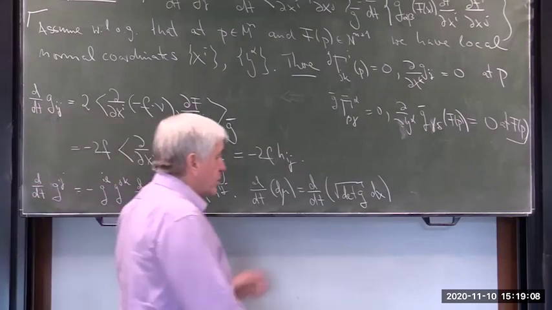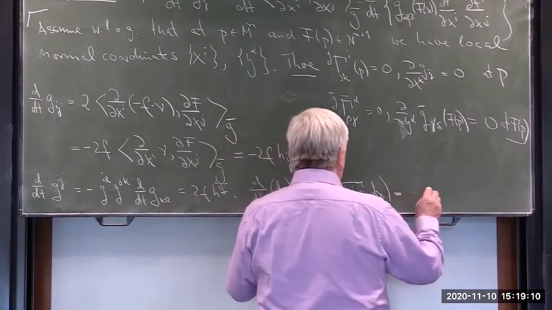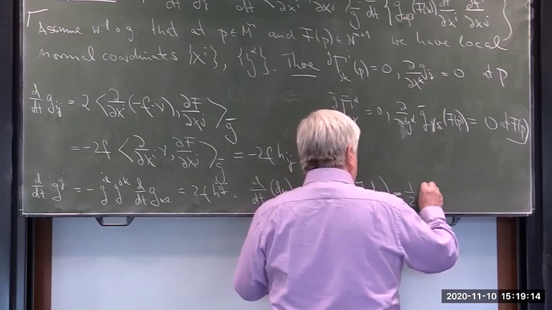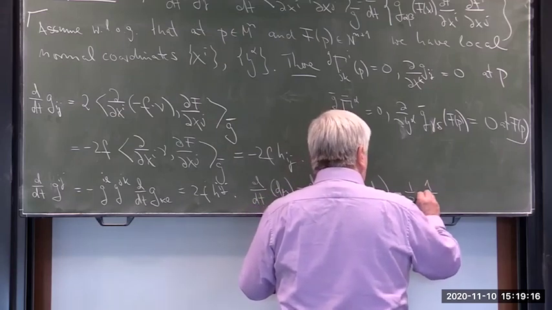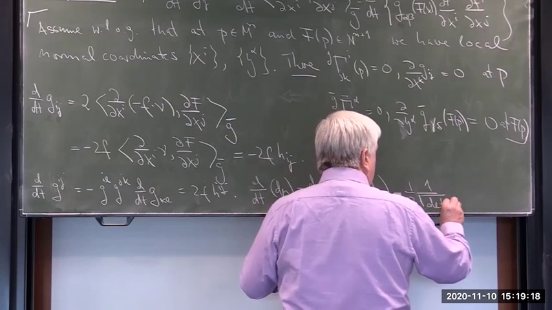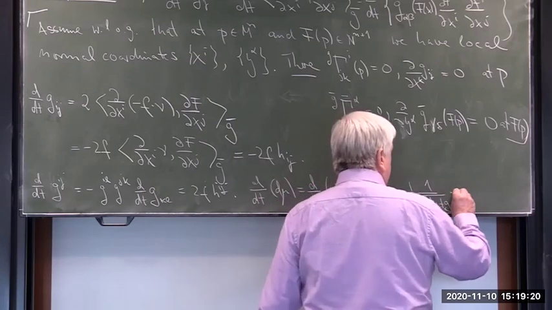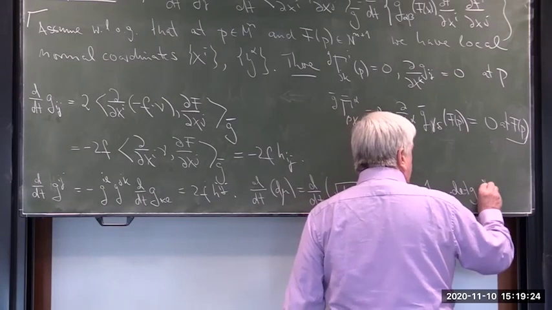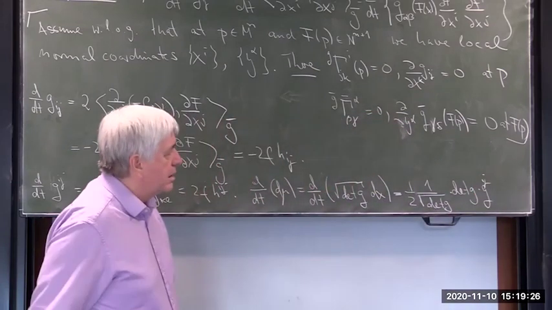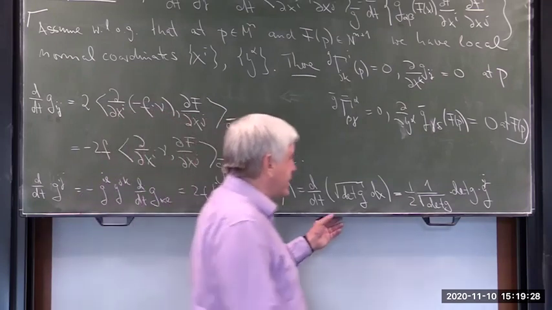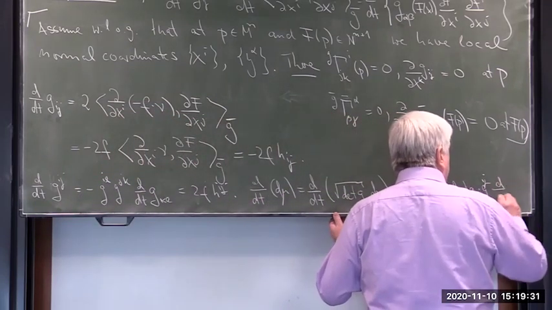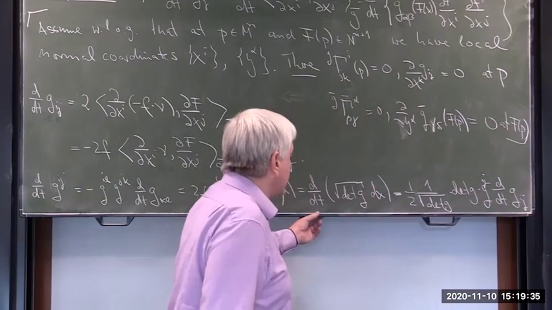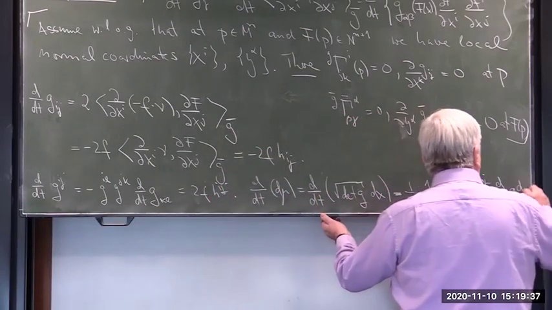When you compute ddt of a determinant, you get 1/2 times 1 over the square root of the determinant, and then the derivative of the determinant is the cofactor matrix, which means you take the determinant times g upper ij times the time derivative of the matrix, times dx.